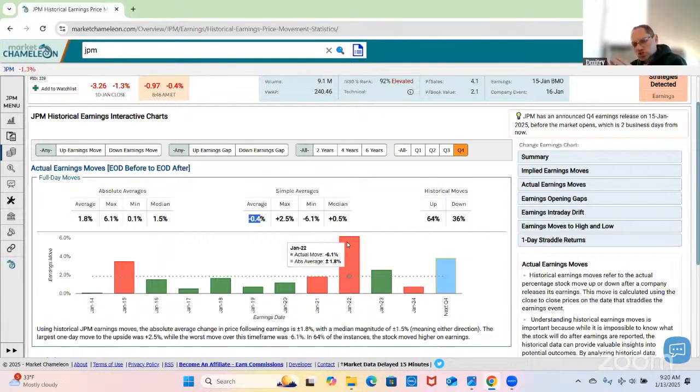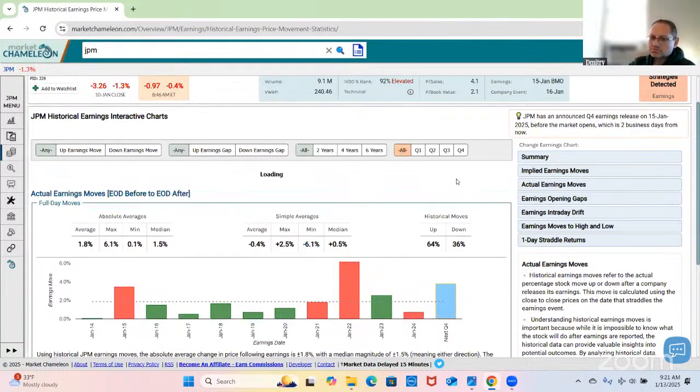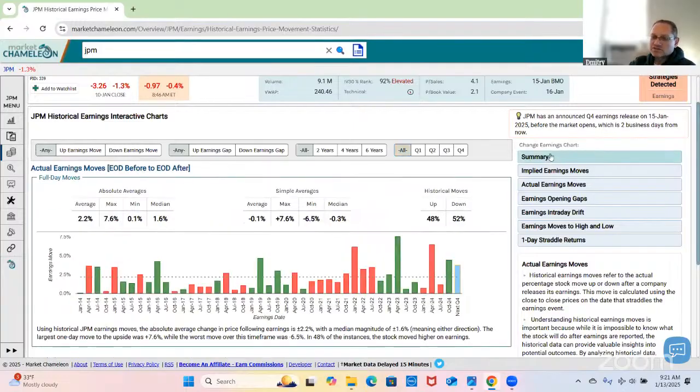So here it just shows that in the fourth quarter, the down moves could be pretty extreme, more than any up move we've seen. So that's the distribution of returns for JP Morgan for the Q4. Let's go back to all. And then back to the summary.